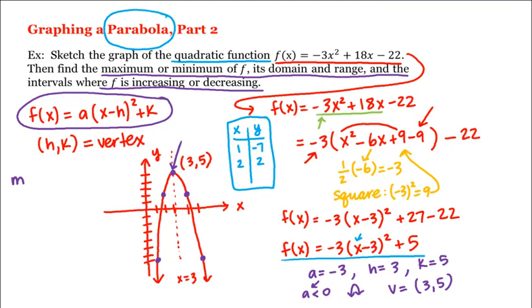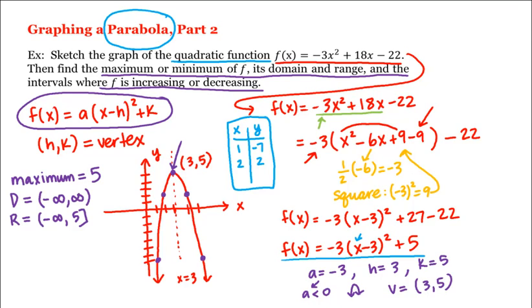That is, the maximum value of our function is the y-coordinate of that vertex, or 5. It occurs at x equal to 3, but the actual maximum value of the function is the y-coordinate, or 5. And the domain is all real numbers. And the range is from that vertex down, or the interval from negative infinity up to 5.